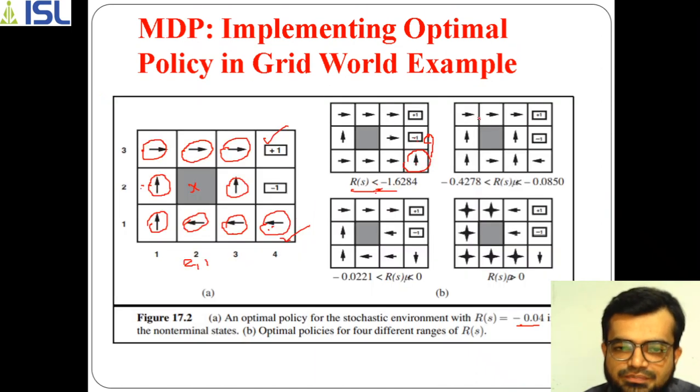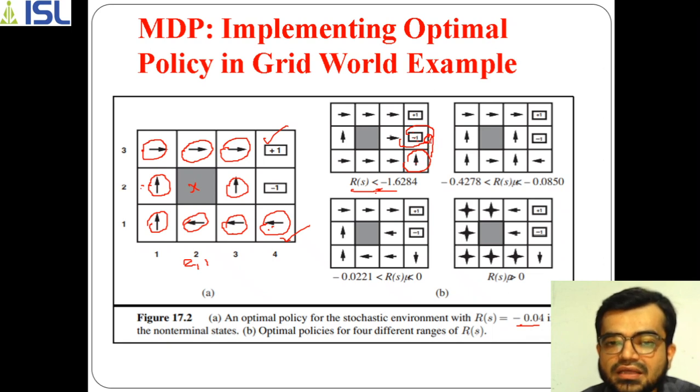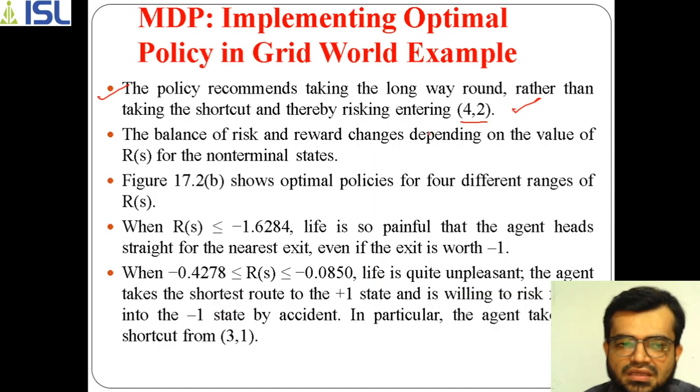It takes the risk to enter this state also, because the reward value is higher than this one. Here it is minus 1.6284 and here it is minus 1. So that's why it prefers to enter the risky state.